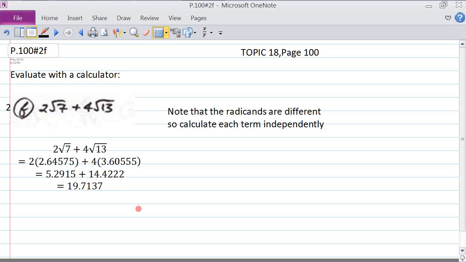They just keep on going, like pi or the square root of 3 or whatever. So this answer is an approximation to the true answer.